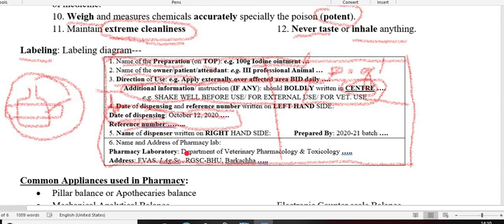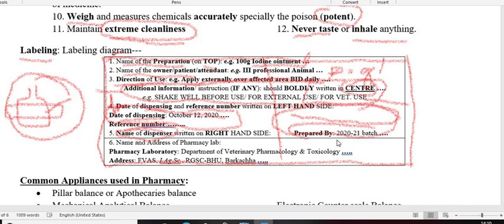On the right side you write the name of the dispenser, that is, who has prepared this pharmacy preparation. For example, prepared by the batch of academic session 2020-21, you write prepared by XYZ.